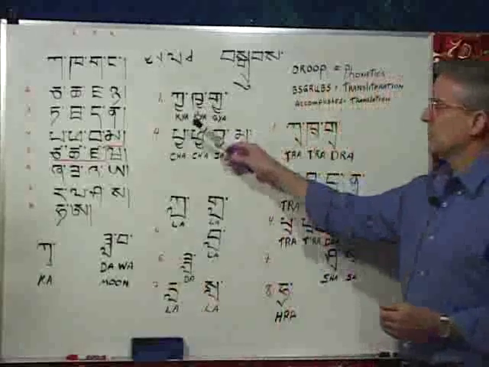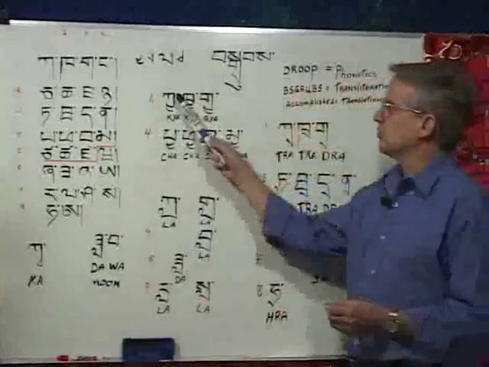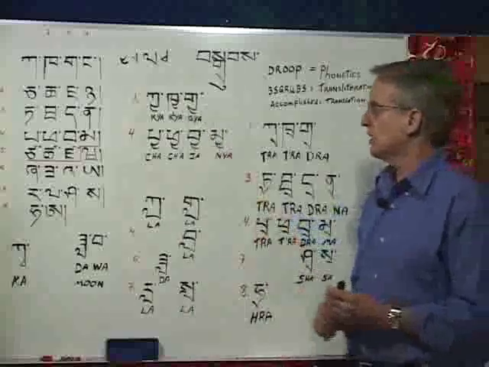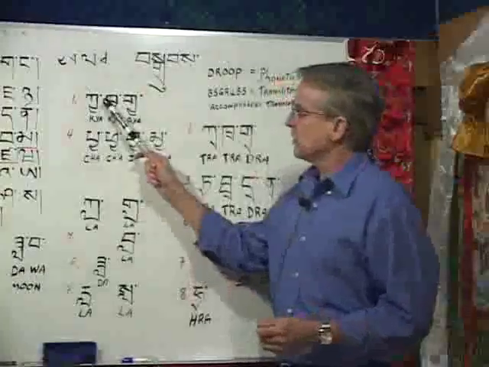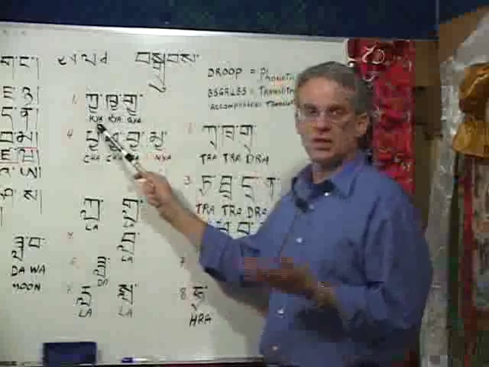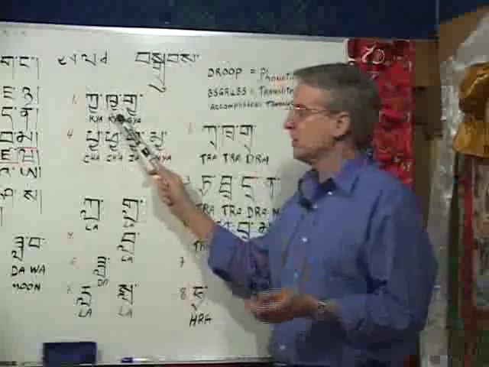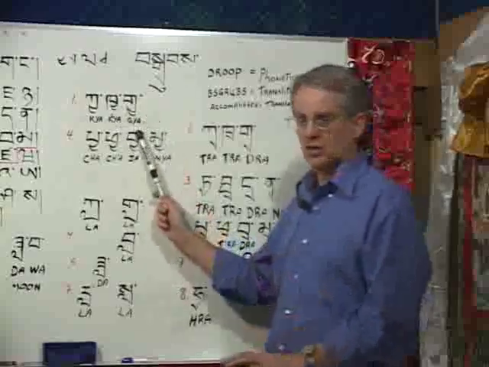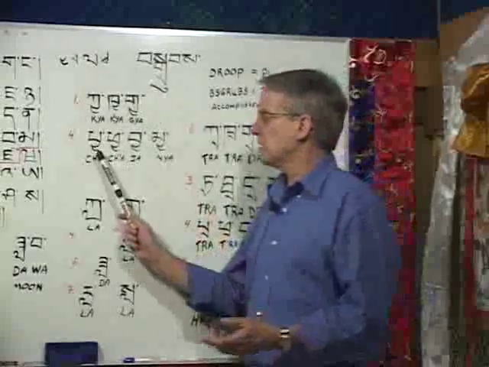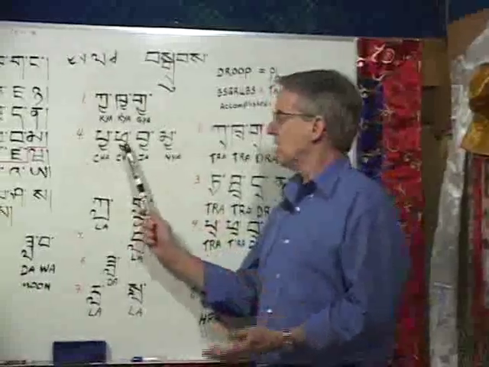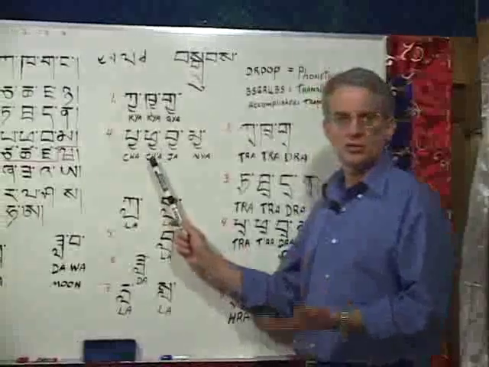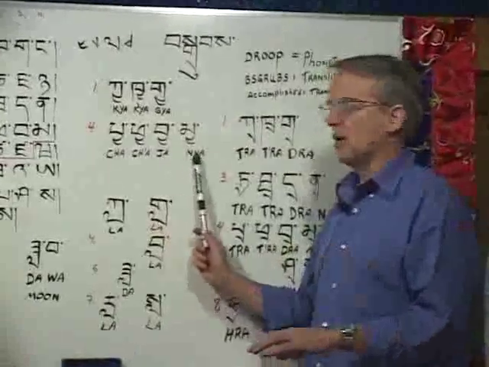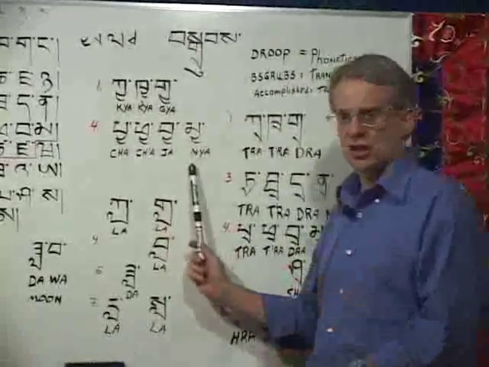So this is what we call the 7 Yatas then, the 7 root letters that can have Ya subscribed to them. I'd like to spell through them one more time. So we have Ka Yata Kya, Ka Yata Kya, Ga Yata Gya, Pa Yata Cha, Pa Yata Cha, Ba Yata Ja, Ma Yata Nya.